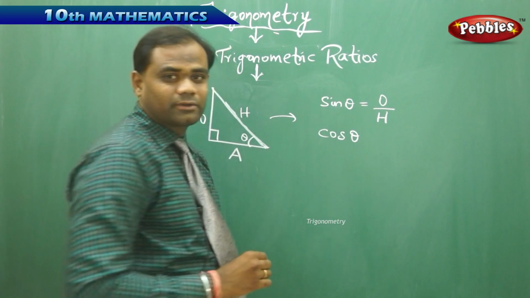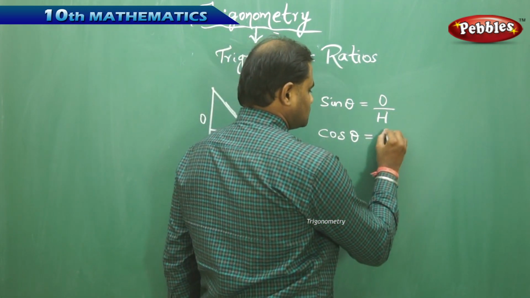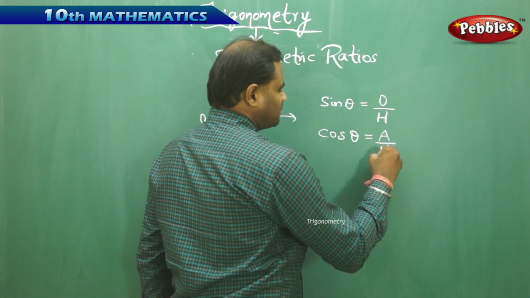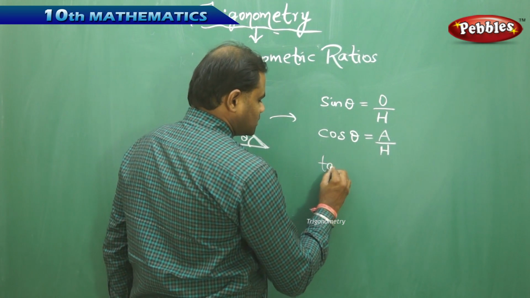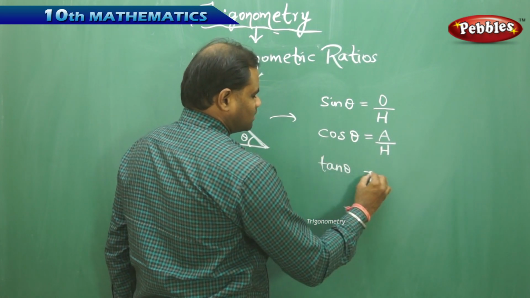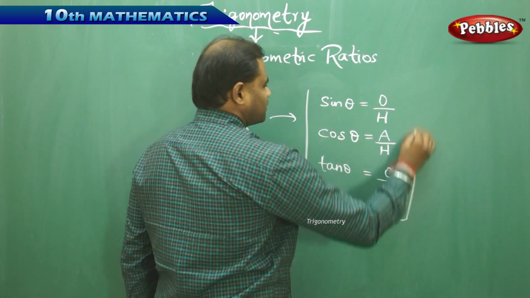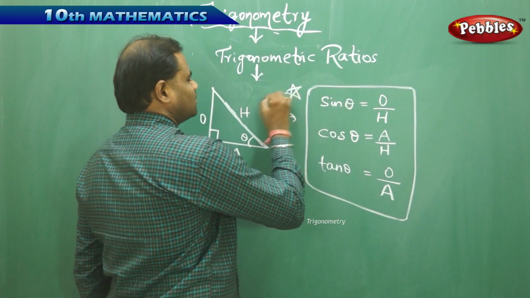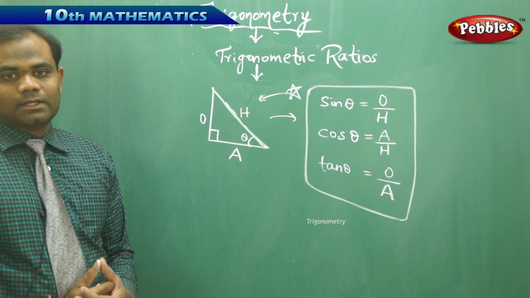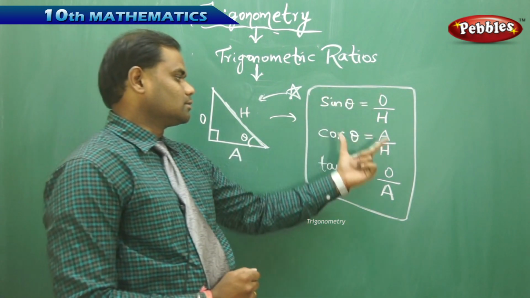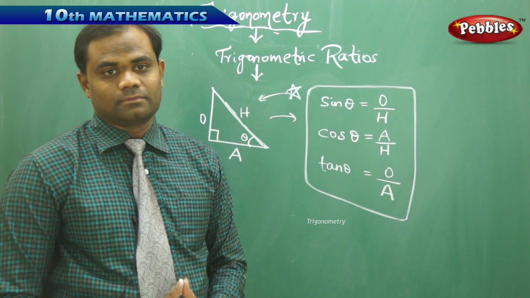The second, which is called cos theta or cosine theta, is adjacent by hypotenuse, and the third, which is tan theta or tangent theta, is opposite by adjacent. These are the three trigonometric ratios identified for a right angled triangle. This is how we understand sine, cos and tan, the three trigonometric ratios in order.